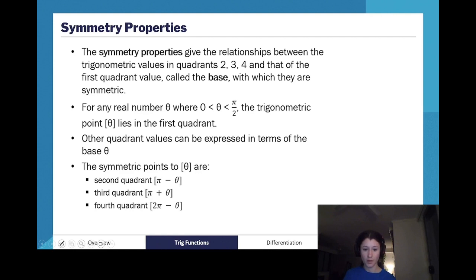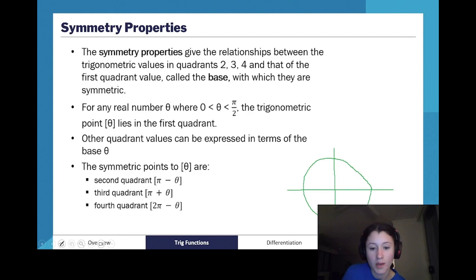So, say we have our unit circle. That was a terrible unit circle, wasn't it? Say we have our unit circle here, and we have an angle theta, and obviously we're going to have an x value and a y value at this coordinate.